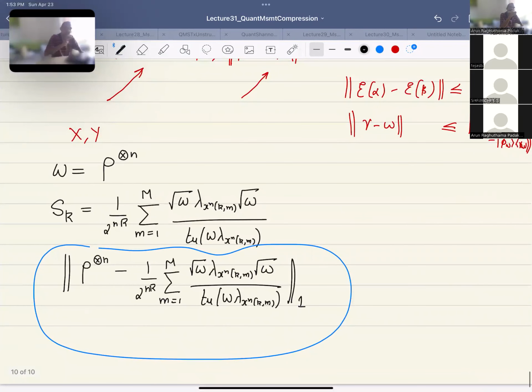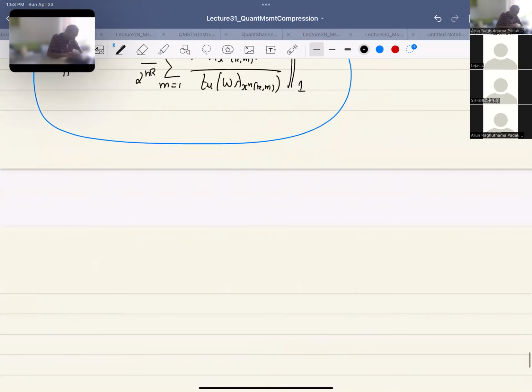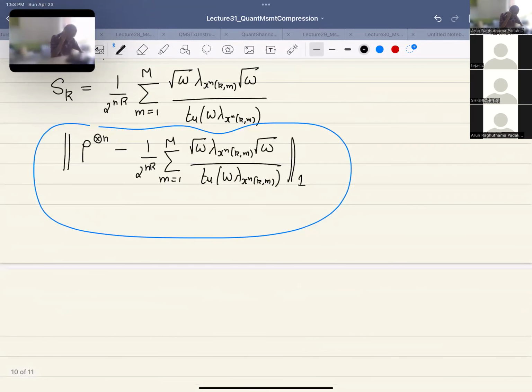Question is clear? I claim this is another instance of the covering lemma. Why?